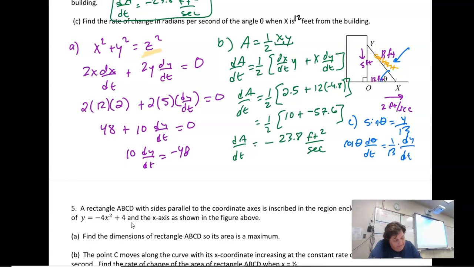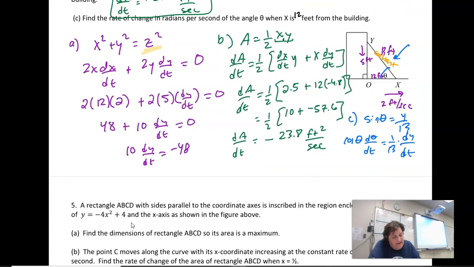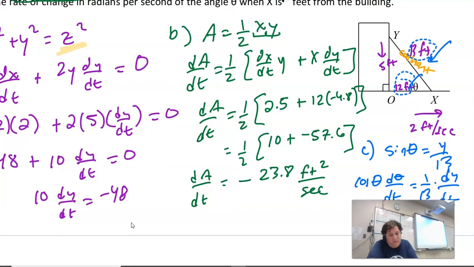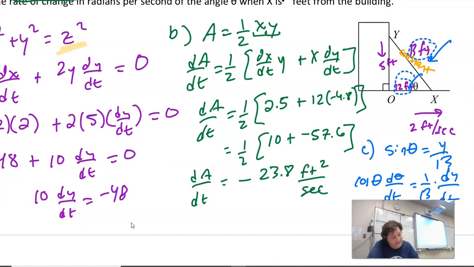dy dt. Now, cosine theta, you just go back to your triangle and you go, okay, cosine is adjacent over hypotenuse. So it's 12 over 13.